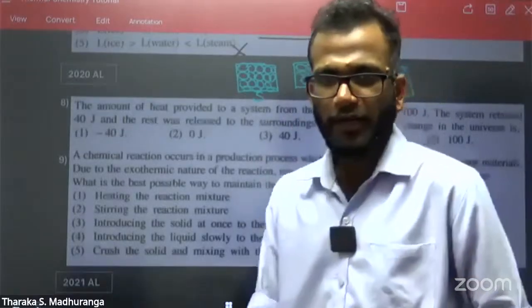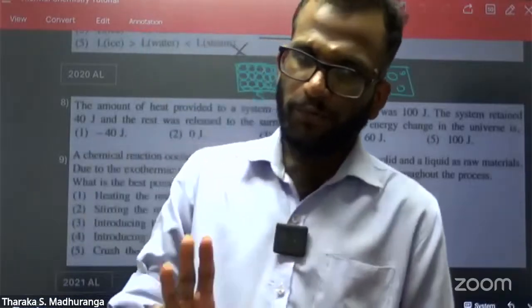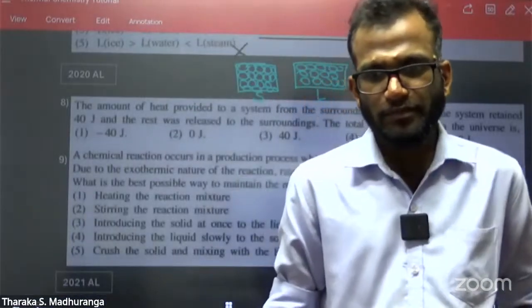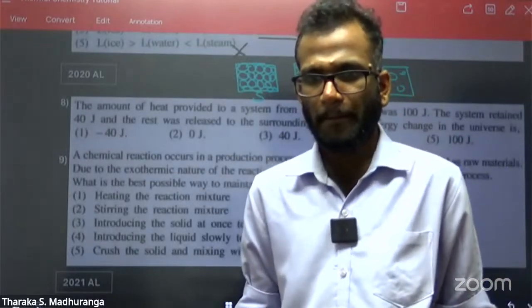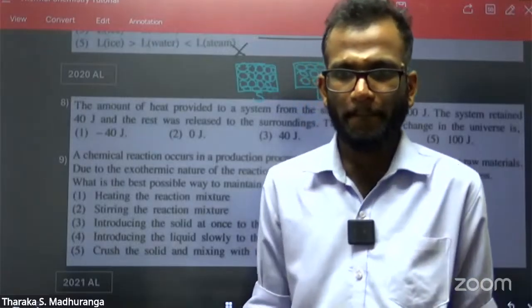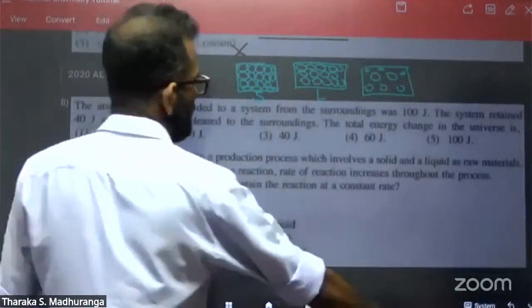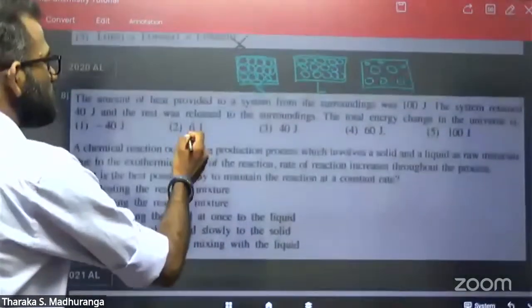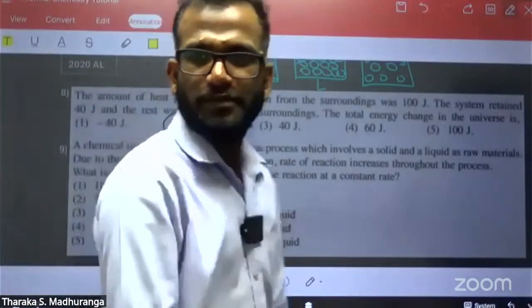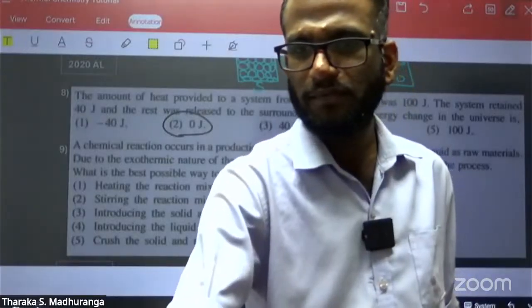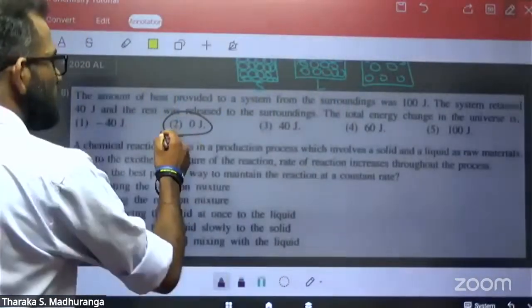No, Habib, wrong. Fatima, 4 or 2? What? The final. Okay. Yes. Good. The answer to number 2 is 0. How is it coming 0? No, Sarmi. Not 60. It is 0.